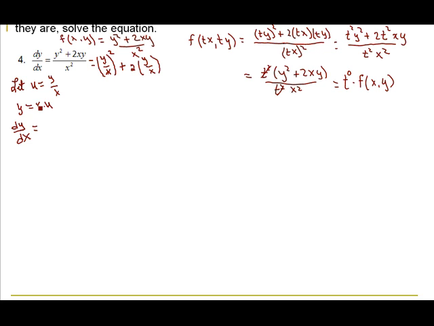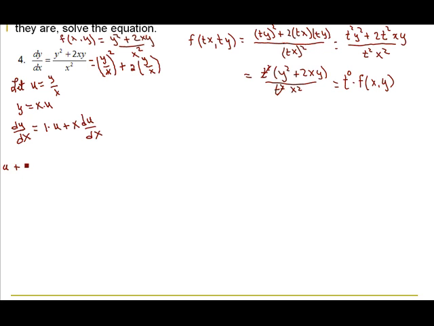The derivative of x with respect to x is 1. So I get 1 times u plus x times the derivative of u with respect to x, du dx. Okay, so when I substitute in place of dy dx, I'm going to put u plus x du dx. That's my dy dx here.